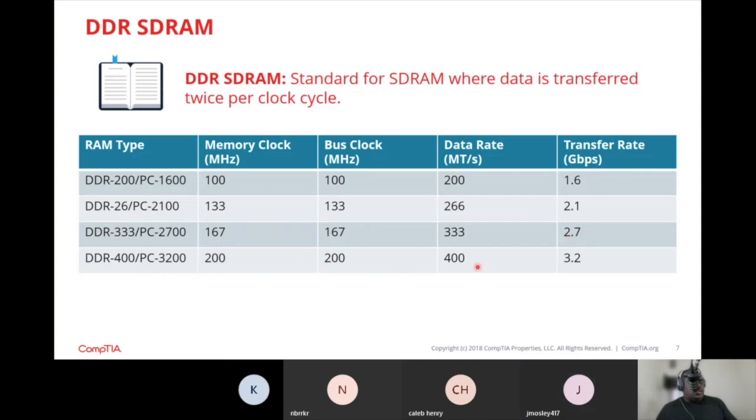DDR 400 moves at 3.2 gigabits per second. The data transfer rate is 400 times per clock cycle. Why does it seem like the rounding is off? What is the correlation between the data rate and the transfer rate?